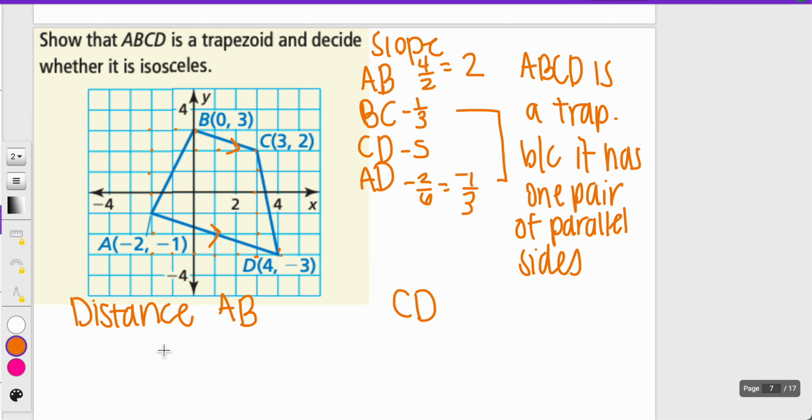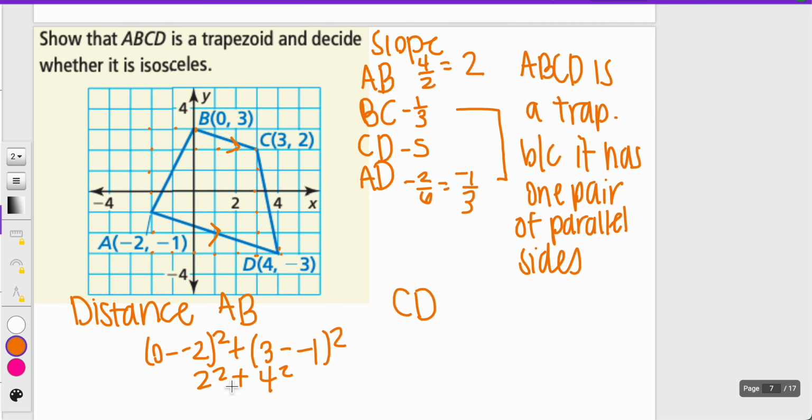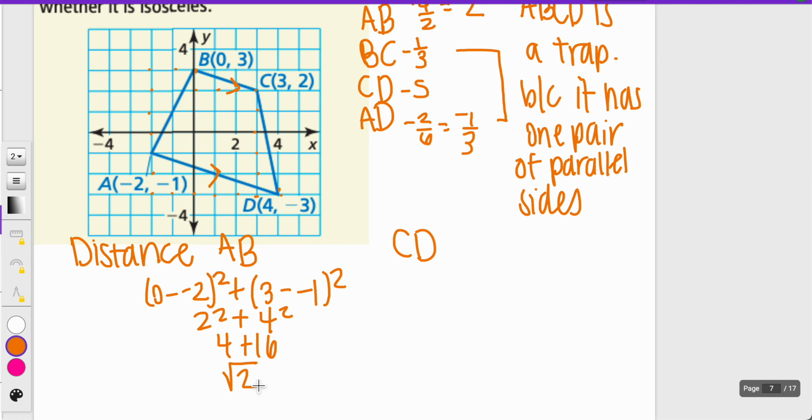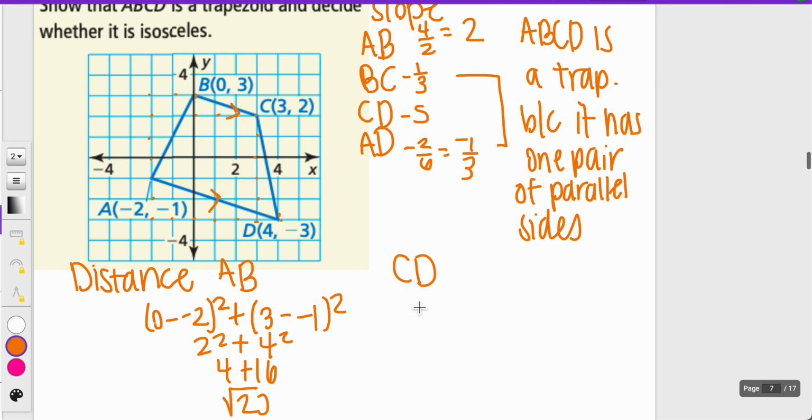AB's distance, I would do 0 minus negative 2 squared plus 3 minus negative 1 squared, so 2 squared and 4 squared. That'll give me 4 and 16, or the square root of 20. Let's see if CD matches that.